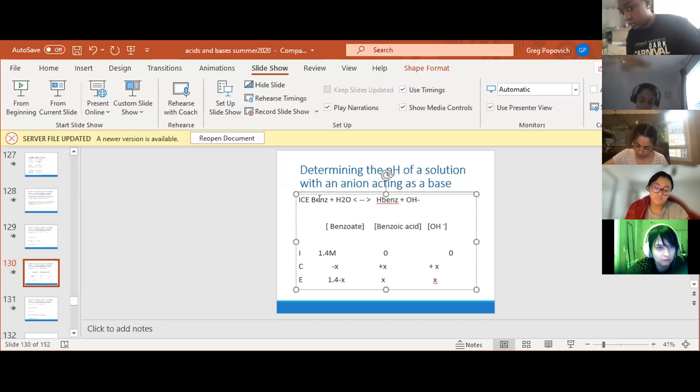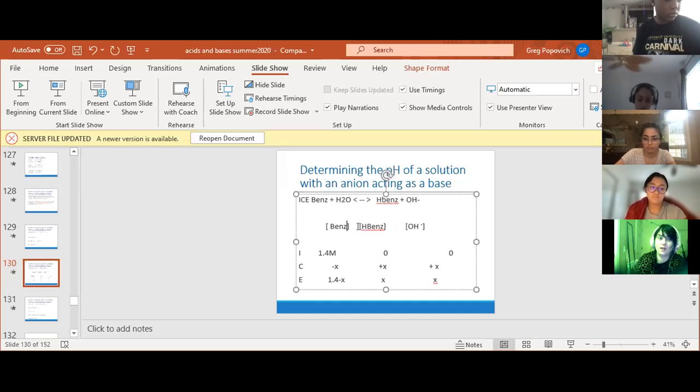I'm going to assign equilibrium concentrations of x to H-Benz and OH minus. And my Benz is going to then be at equilibrium 1.4 minus x. Are you guys kind of starting to be able to do the ICE diagram in your heads rather than placing it on paper like this?